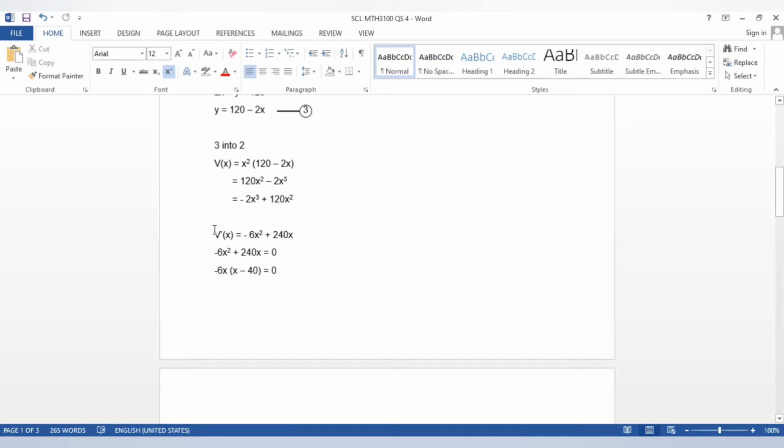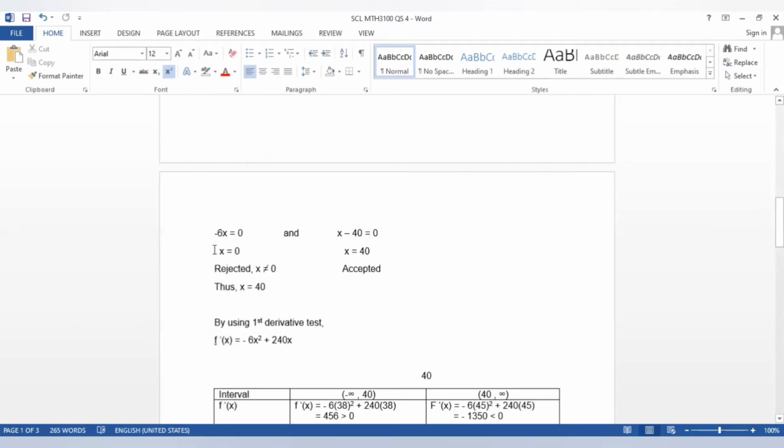We differentiate the volume to become V prime of x equal to negative 6x squared plus 240x. And then we set the equation equal to 0, and if we look here, there are two possibilities for the x value: either x equal to 0 or x equal to 40.